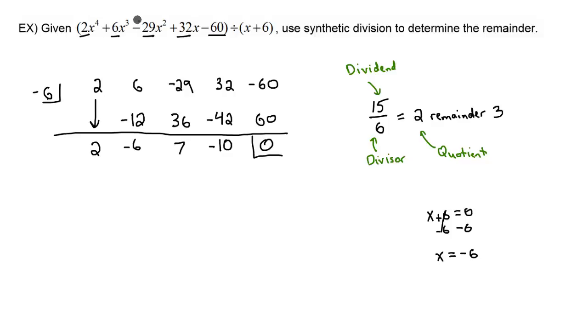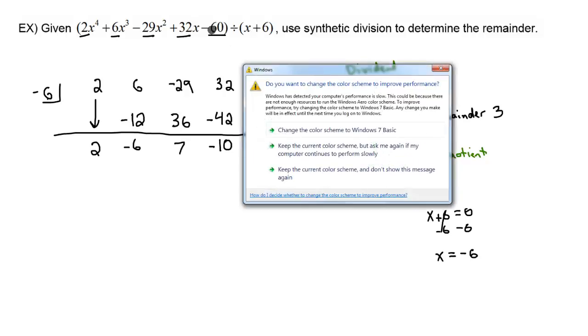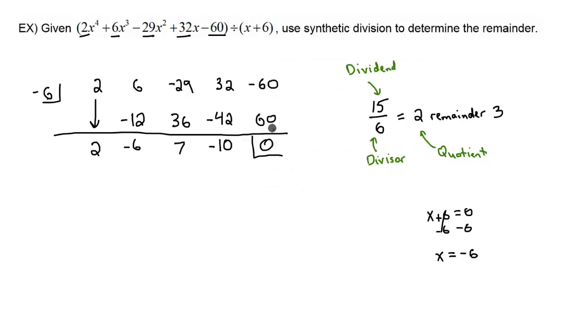Our quotient is still going to be a polynomial, but the column that had the constant from the original polynomial was this one right here, and now down here that's being taken up by our remainder. So the constant of our quotient isn't going to be this number, it's going to be negative 10.